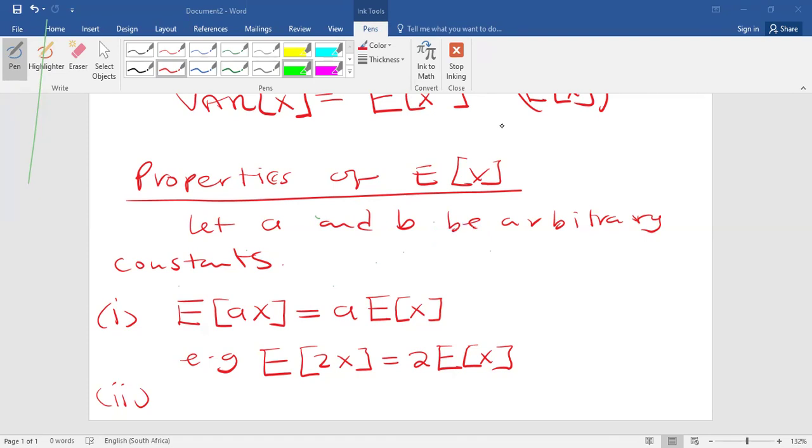This is the part that was left in discrete probability, which I said we would do the next time we meet, and we are meeting today. Are you able to get me? Yes, sir, we're able to get you. So it means it's not my problem, those that are saying they can't get me. It means it's their gadget.